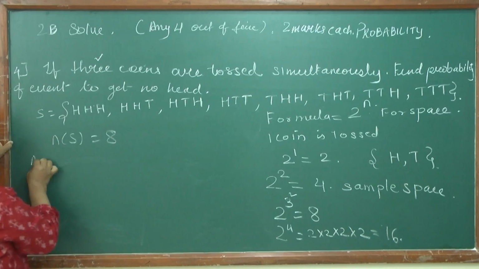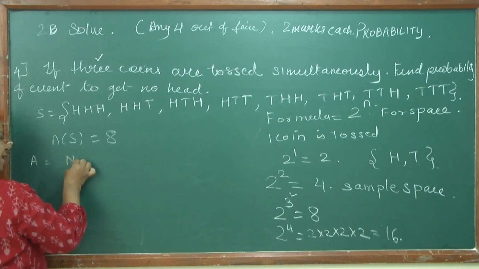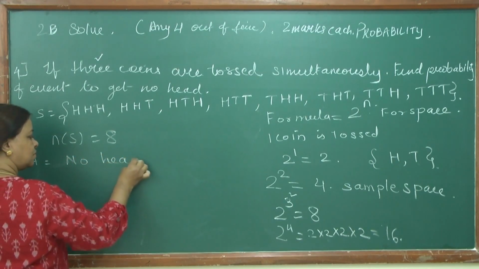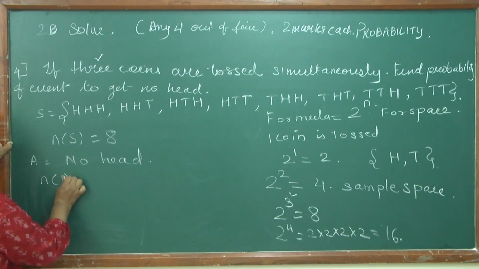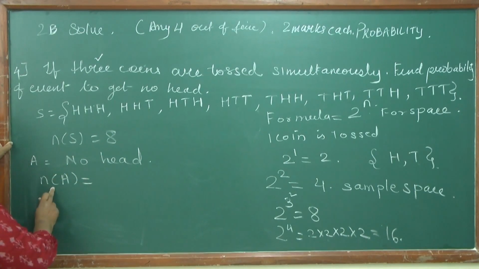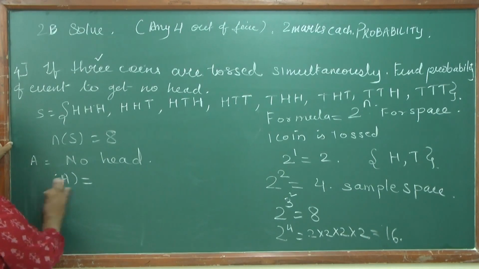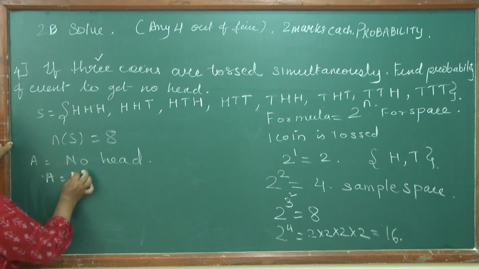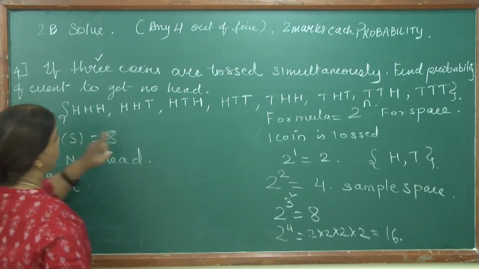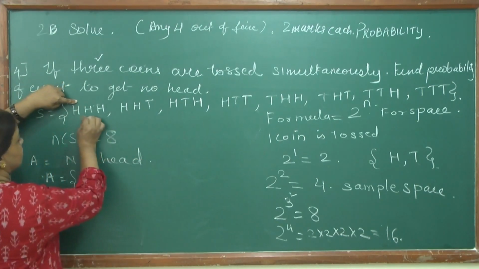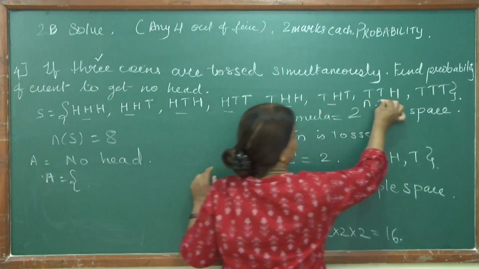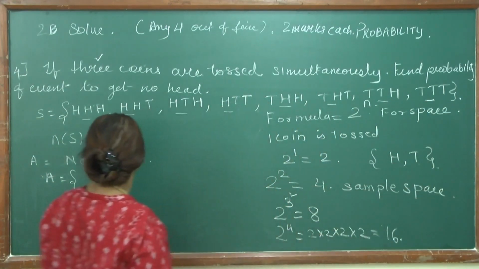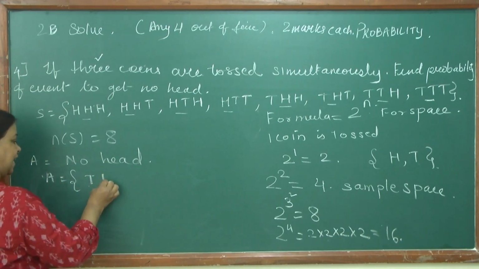A is the event of no head. If A is the event of no head, what will be the number of elements in A? What will be the element in A? No head. This has head, this has head, this has head, so there is only one: all tails.